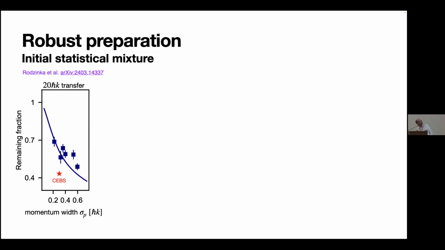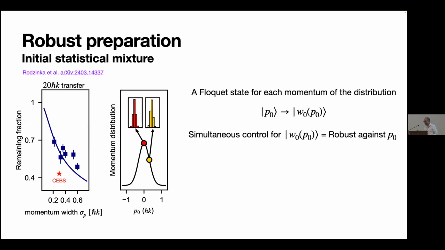We would expect to have 100%. Okay, if you want to claim that you have an optimal solution, you want at least more than 90%. So the issue here is that actually for each momentum state, you have a different Floquet state.